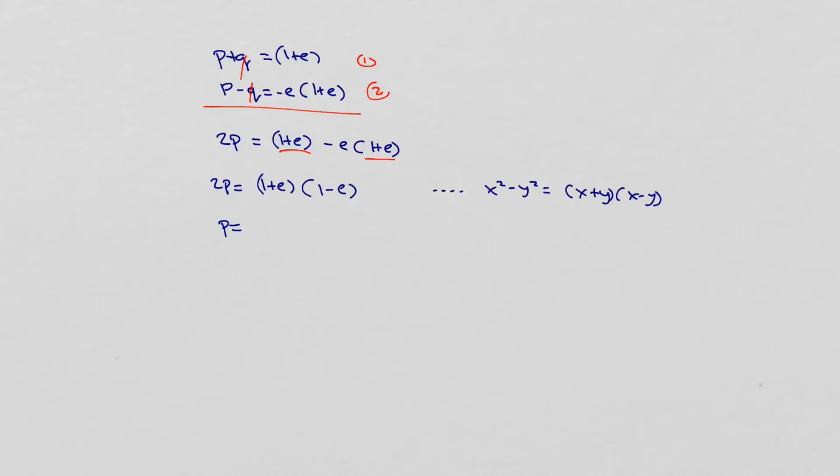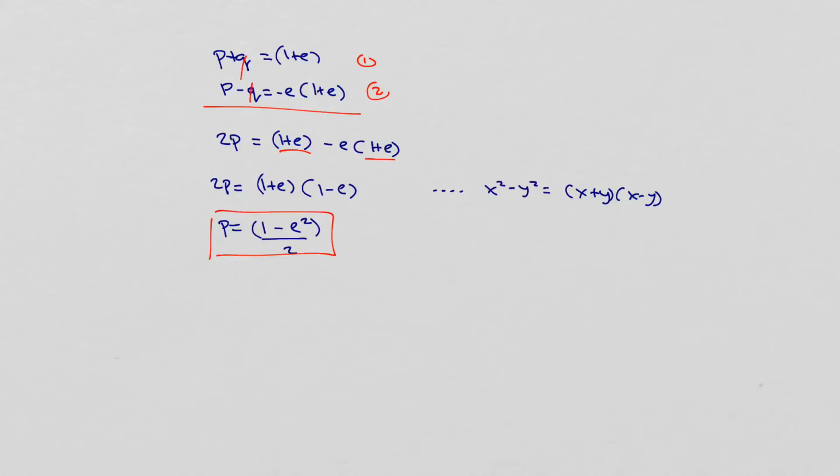So we have the x plus y is going to be 1 plus E, and the x minus y there is going to be 1 minus E. So therefore that actually becomes 1 squared minus E squared. And obviously 1 squared is just 1. So that's 1 minus E squared all over 2. Now you can keep it as 1 plus E times 1 minus E, you know. It's all the same. It'll just help in a few minutes when we're doing the last part of the question anyway.